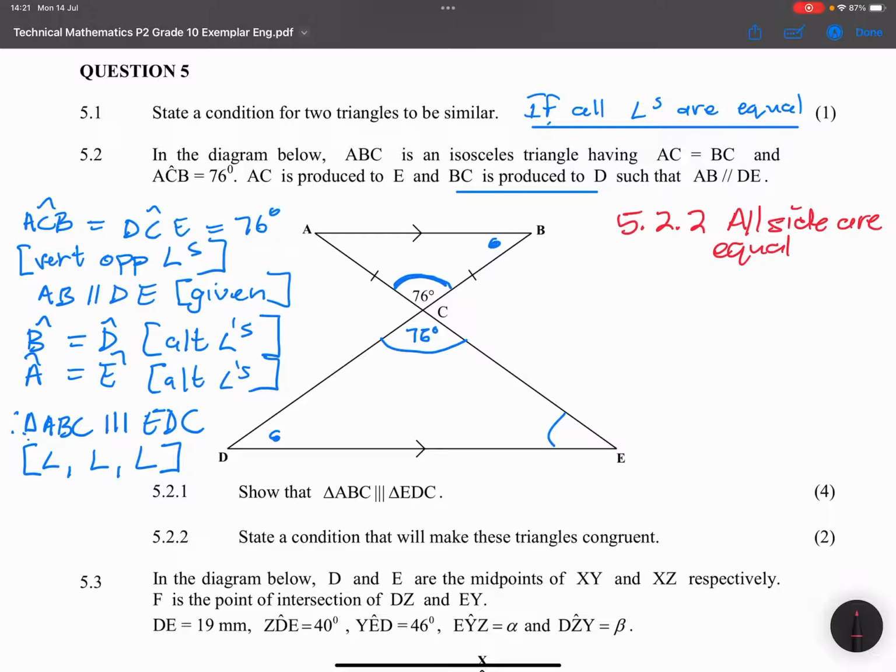But similarly, in this case, all sides are equal. But also, if we've got 2 sides that are equal and an included angle, so you can also say 2 sides and the included angle. But for now, because they said only one condition, I'm only going to say if all sides are equal. All right. Now, I'm going to leave this question here, ladies and gents.